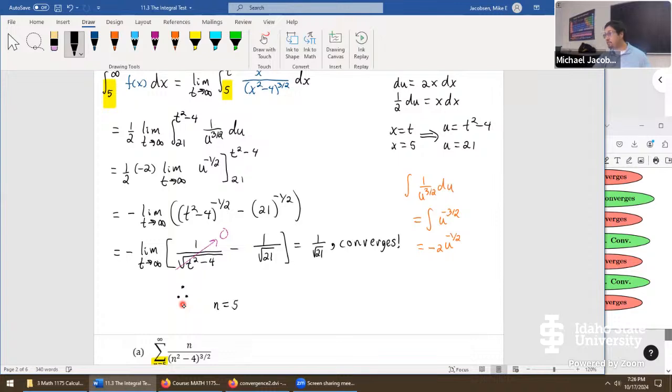The summation as we go from 5 to infinity of n divided by n squared minus 4 to the power 3 halves, it must also converge. Must is an extremely strong word in mathematics that's telling us that convergence here is equivalent to the convergence down here for just the sequence. And this is by the integral test.